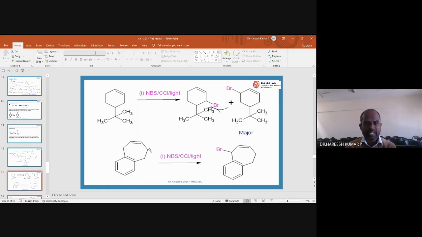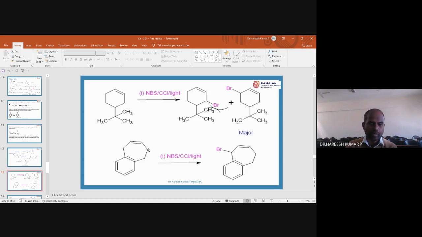So when this moiety is treated with NBS, NBS will act as a source of bromine, and bromine will form a bond to this carbon, giving rise to this product.